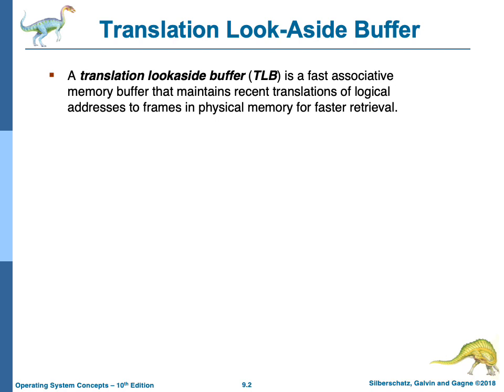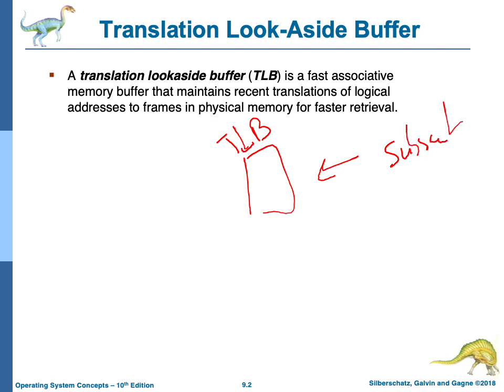Therefore the TLB can be used with page tables in the following manner. When a logical address is generated by the CPU, the memory management unit will first check the TLB. Since the TLB is small, we're just going to keep a subset of the page table entries.